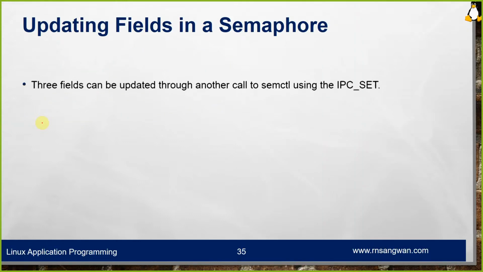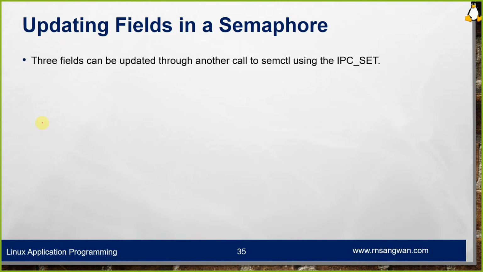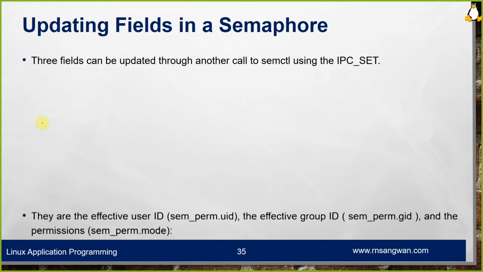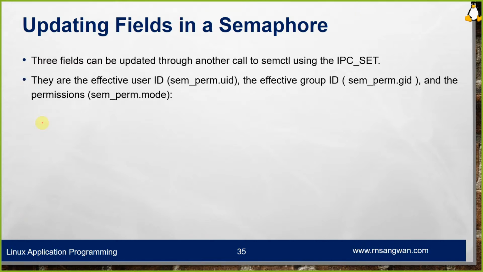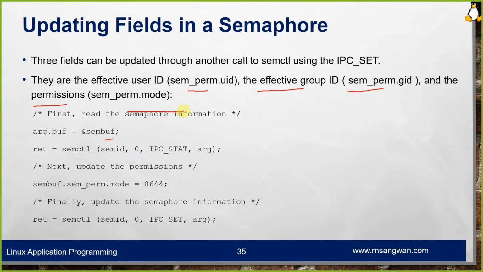Updating fields in semaphores. Three fields can be updated through another call to semctl using IPC_SET. They are the effective user ID, that is the semaphore permission user ID, the effective group ID, and the permissions. If you recollect, exactly the same three sets of possible values were there in the previous example also in the lecture we discussed yesterday.